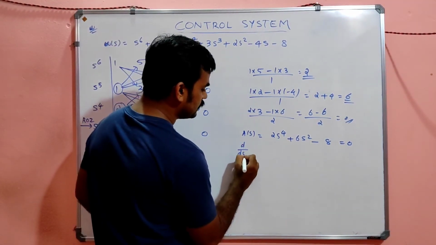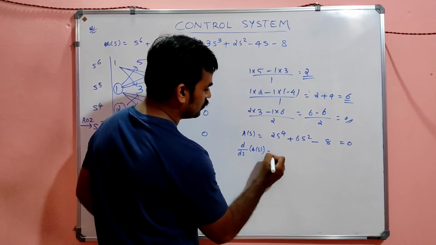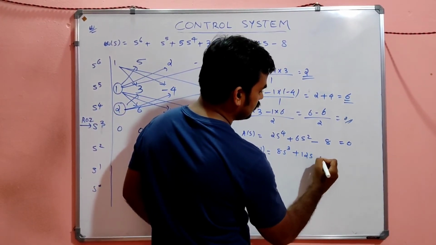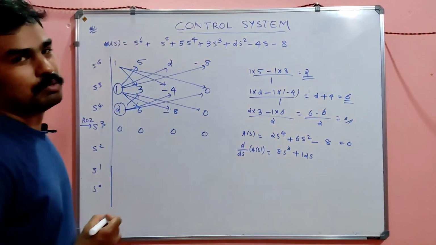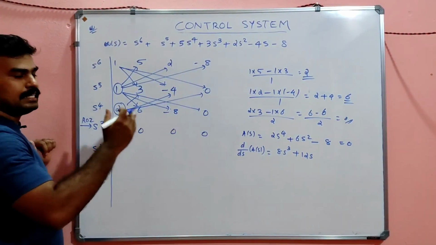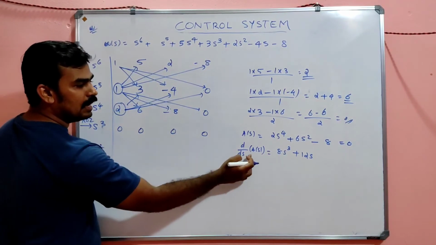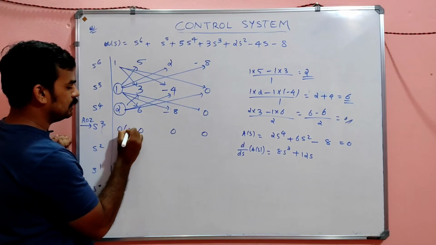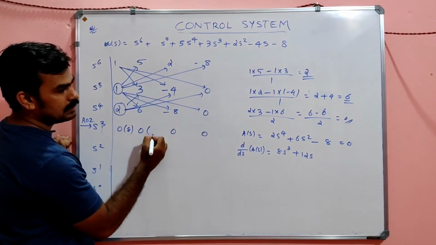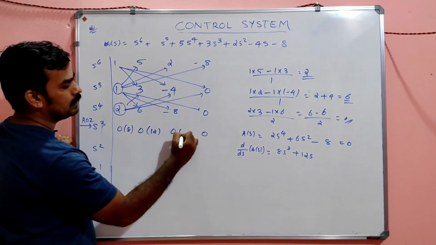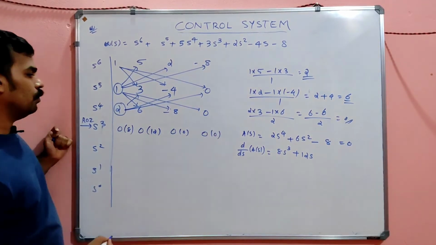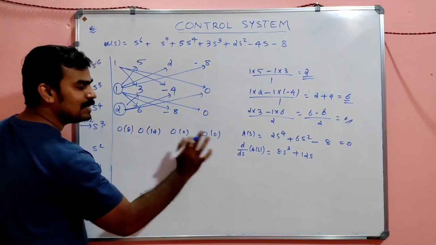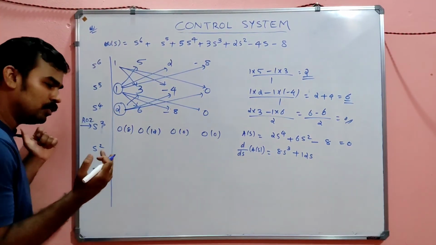What is d by ds of A(s)? 8s cube plus 12s, correct? So replace those zeros with the derivative of the auxiliary equation, which is 8 and 12. Again there are zeros. So now this row contains 8, 12, 0, 0. So you can go for the next row, no issue.